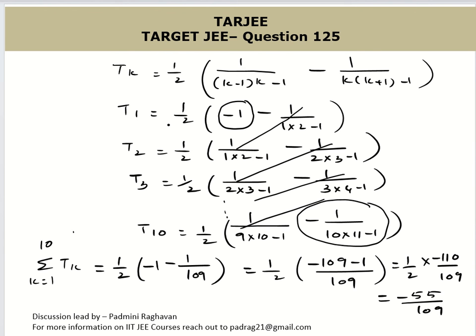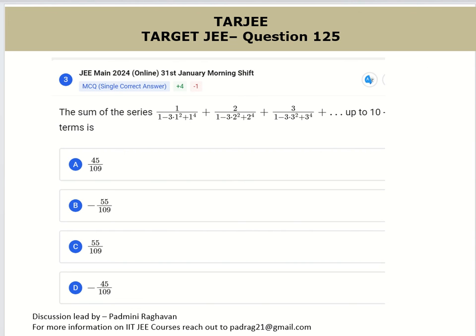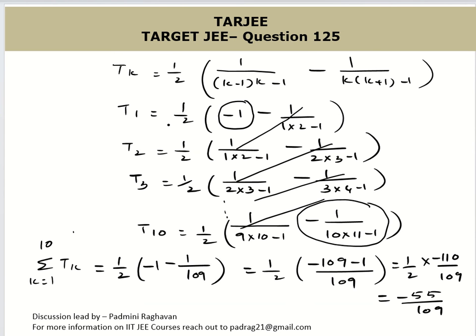That means the sum of this series of 10 terms happens to be a negative answer. Let us check whether we have an option. Minus 55 by 109 is what we have got, so the answer to this question is option B.